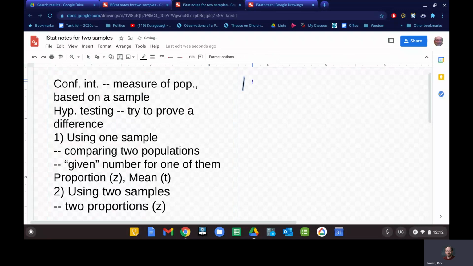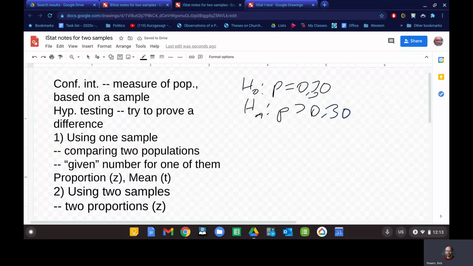We're talking about a null hypothesis, which might be that a proportion is equal to 30% or 0.30. And then we would have an alternative hypothesis that a proportion is greater than 30%. So this number, this 30%, has to be given to us.